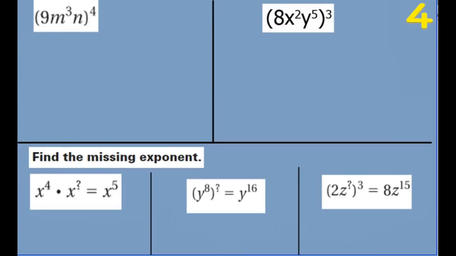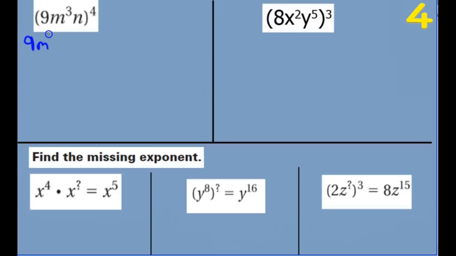Now, here looks a little bit different than ones we've done in the past. But we still have parentheses, so we're still writing it out how many times that we have up here. So we have 9m cubed n. So we'll write that 4 times.